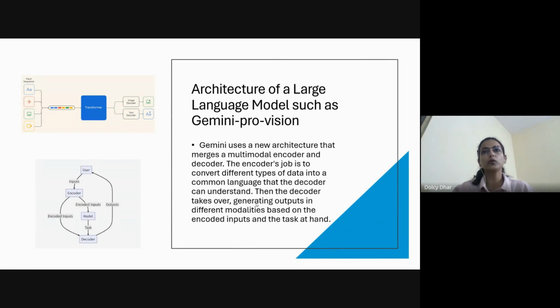The Gemini Pro Vision model is like a wrapper around Gemini Pro, which allows Gemini Pro to take into account images, videos and other data modalities, and encode them so that we can do the task at hand.